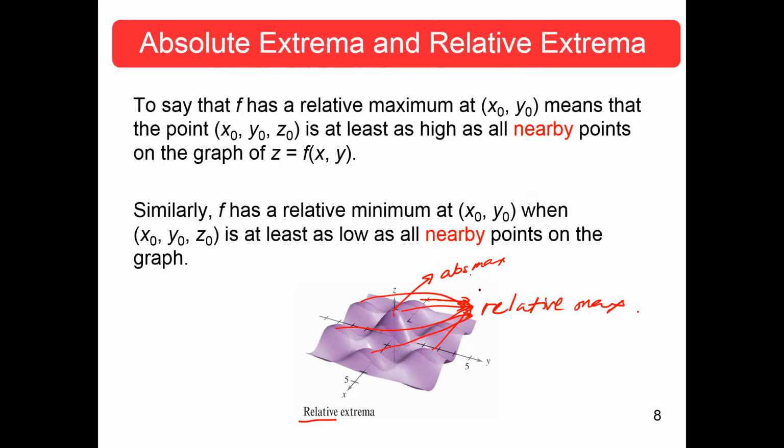You may have multiple relative maxes, but there should be only one absolute max. That's the difference between relative and absolute extrema. I think we discussed this in Calculus 1 as well, so this shouldn't be a new concept to you. Relative extrema are just in a small area, while the absolute extrema are over the entire domain.